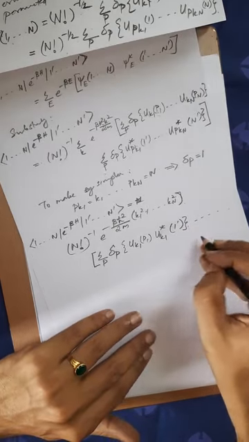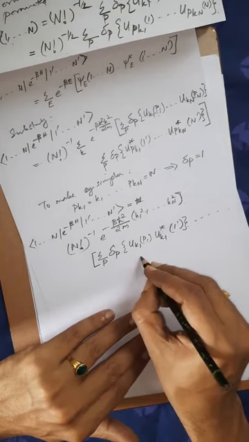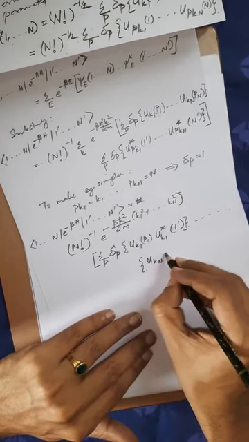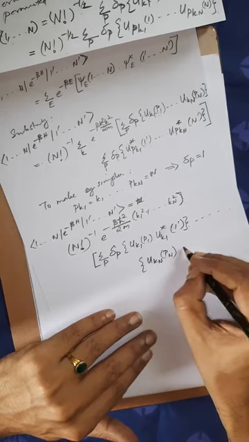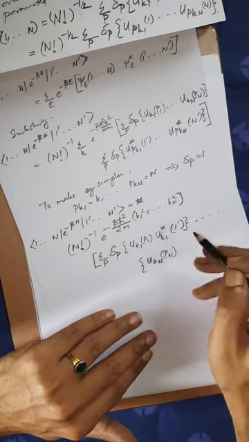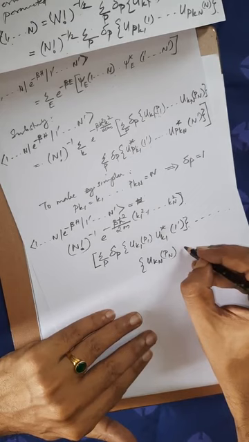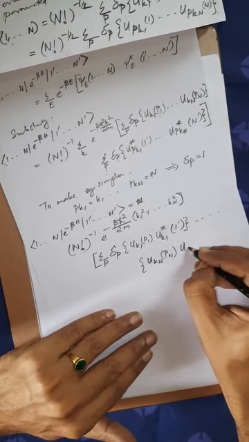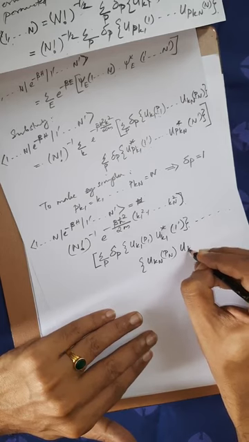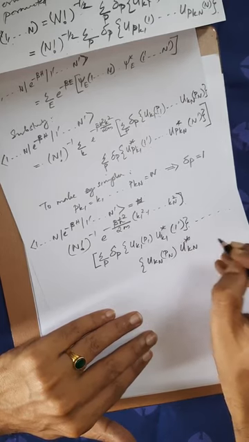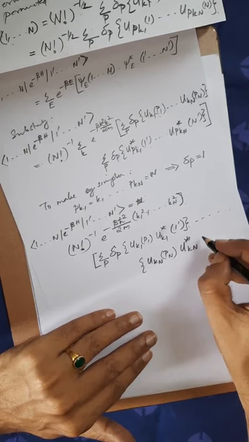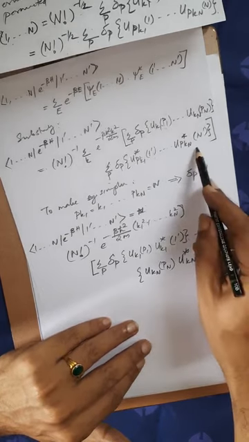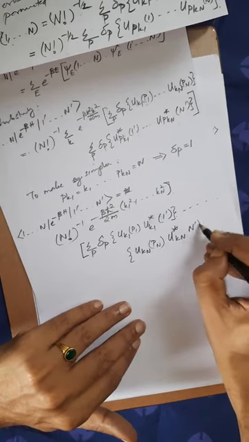That continues, and then the last term I can write as ukn pn, last term of this one, which is ukn star, because I am neglecting the p for the k, so this one n prime.